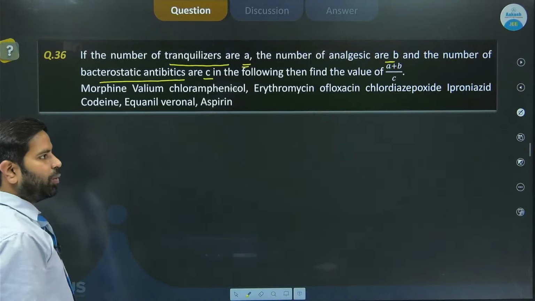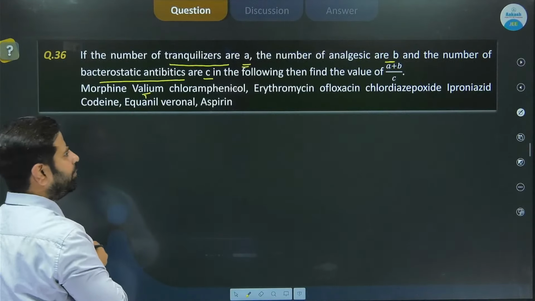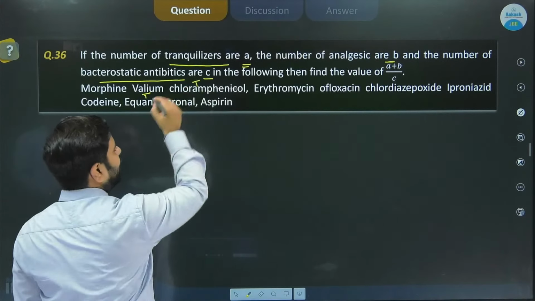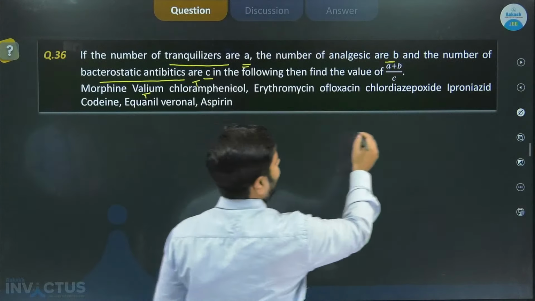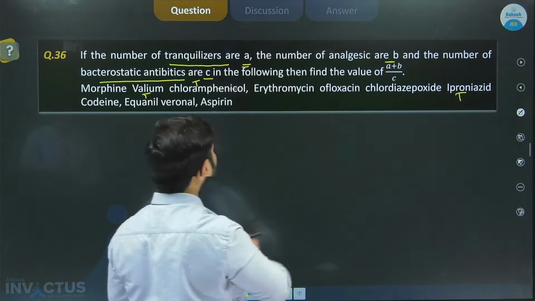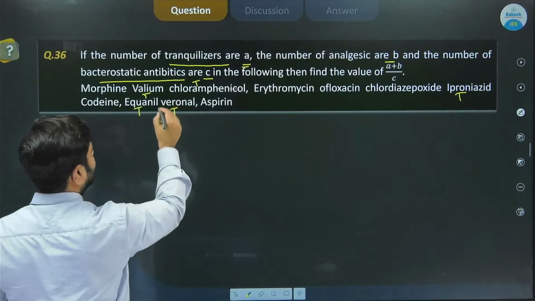So what are the tranquilizers? Tranquilizers are, this is the tranquilizer, Valium. This is the tranquilizer, a factual question. This is the tranquilizer and this is the tranquilizer.